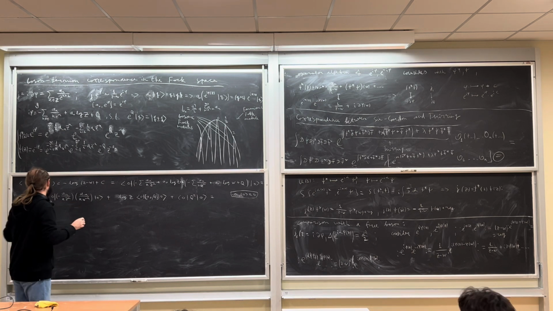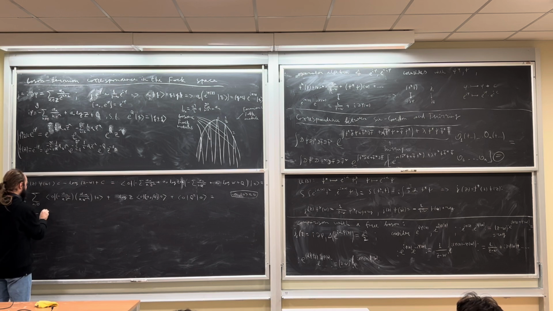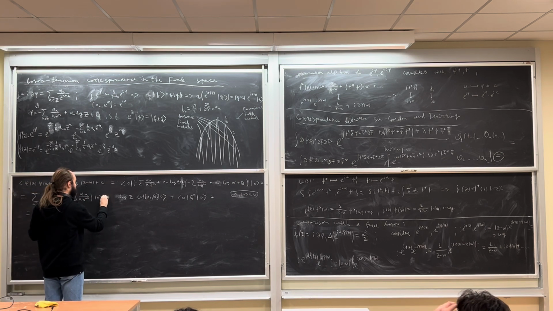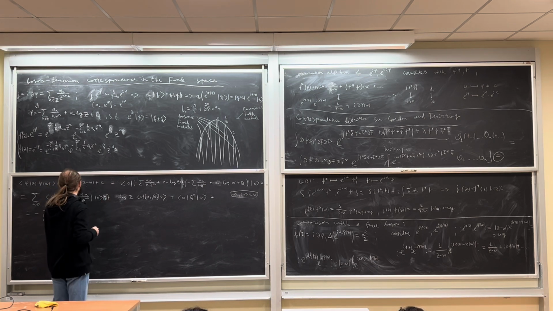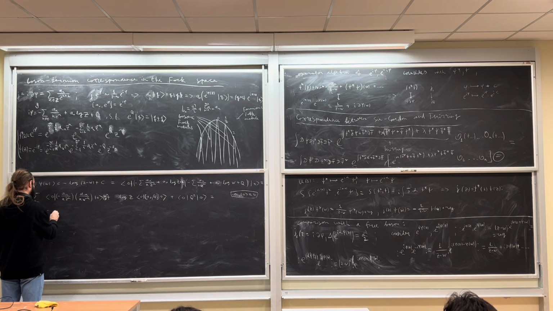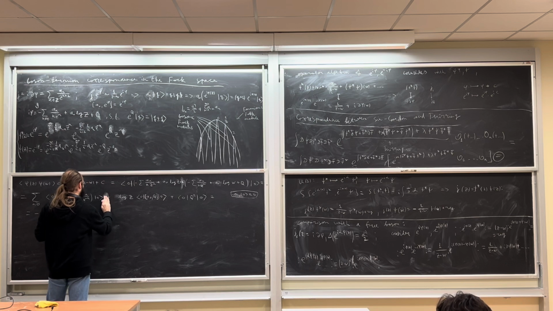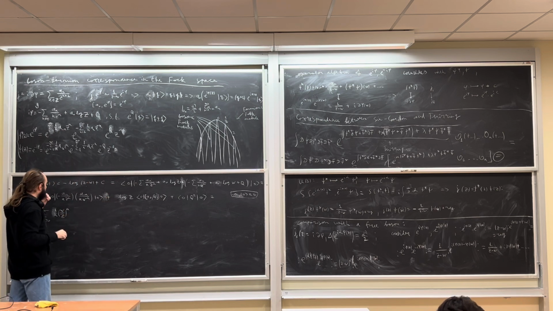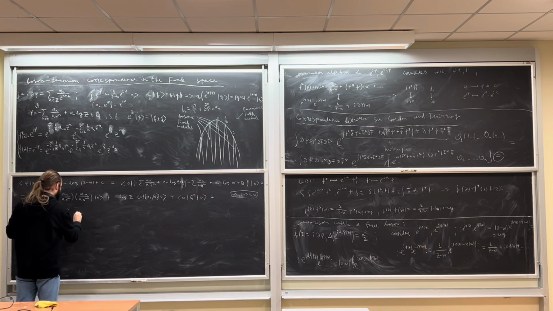So now this sum is minus the sum over n greater than 0 of w over z to the power n.